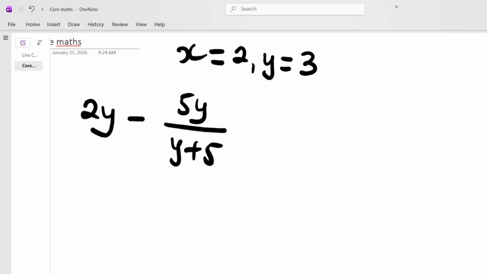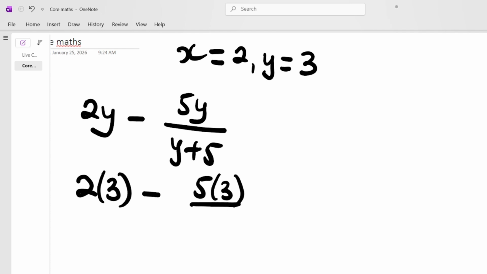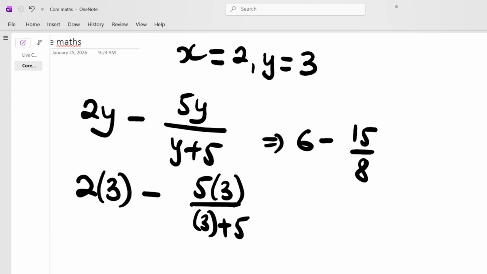Here we are just using the value of y. So it's going to be 2 bracket 3 minus numerator 5 bracket 3, all over 3 bracket 3 plus 5. So at the end, 2 times 3 will be 6, minus 15 over 8. Then we can put this in a calculator and evaluate the result. It's simple, right? Let's do another.